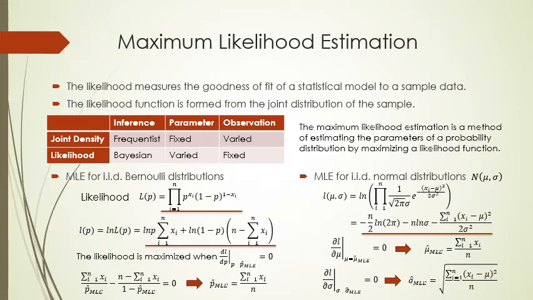The estimator mu MLE is the sample average, and sigma MLE is the square root of the total sum of squares divided by n. The estimator is obviously biased, since the unbiased estimator for the variance is the sample variance, which is the total sum of squares divided by n minus 1.